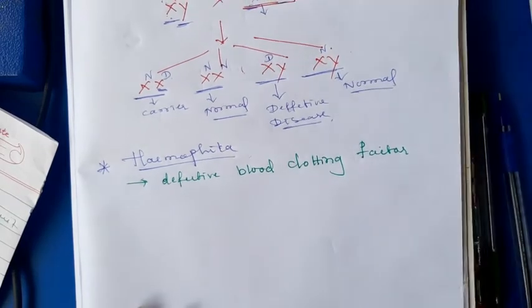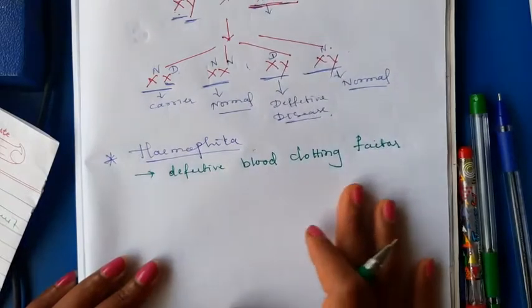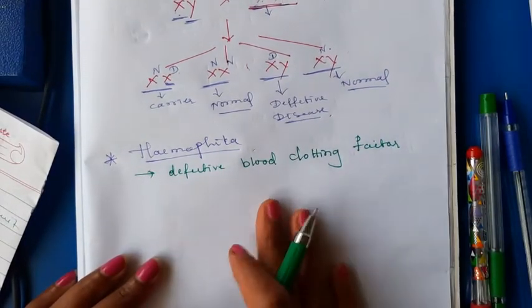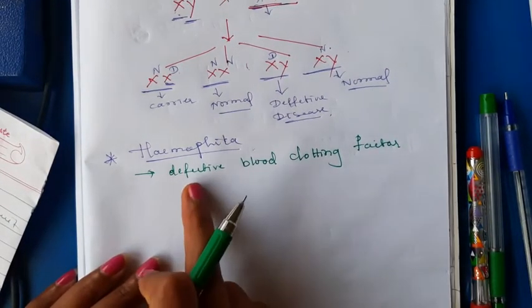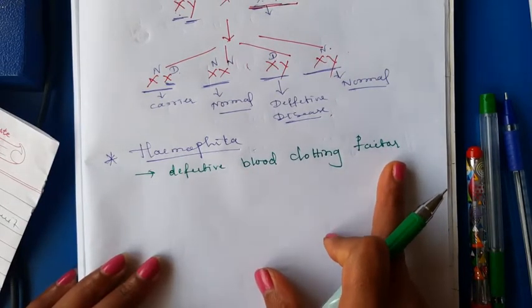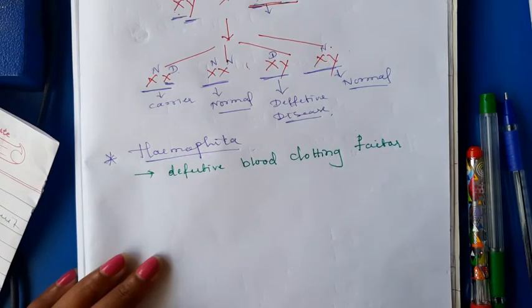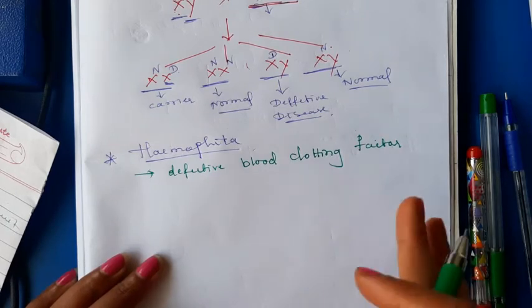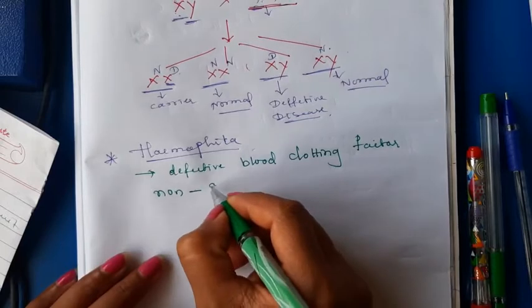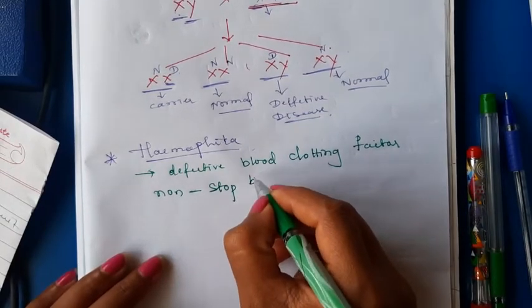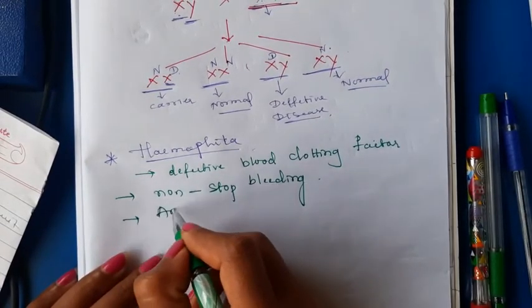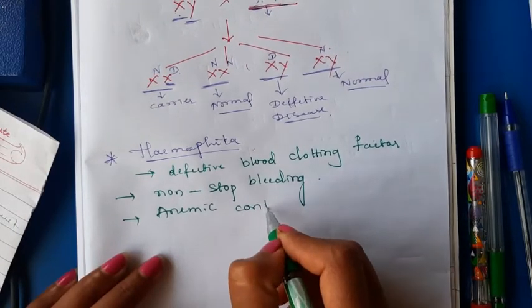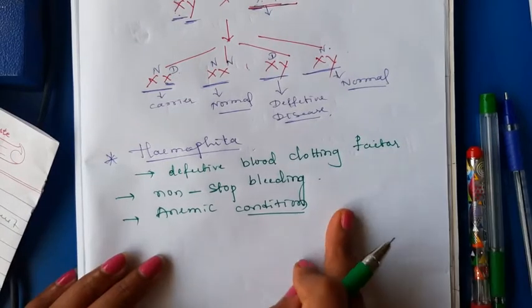The blood flows continuously, and the loss of blood ultimately causes an anemic condition, finally resulting in the death of the individual. Due to defective clotting factors, even a simple cut in an affected individual will result in non-stop bleeding.